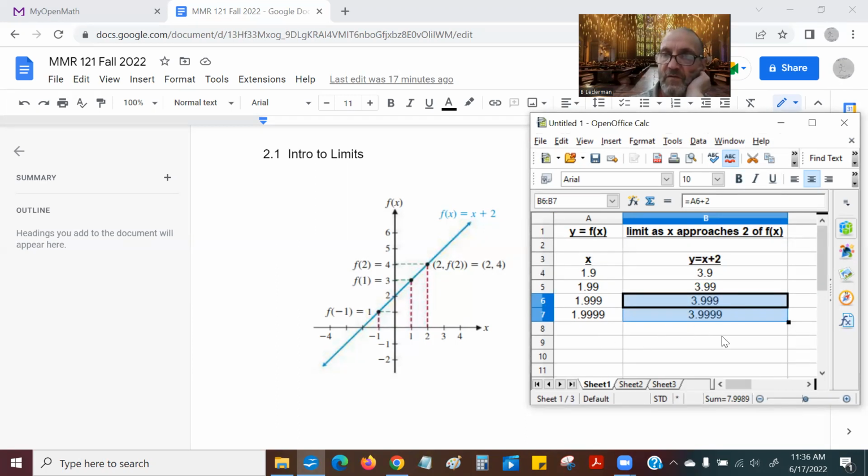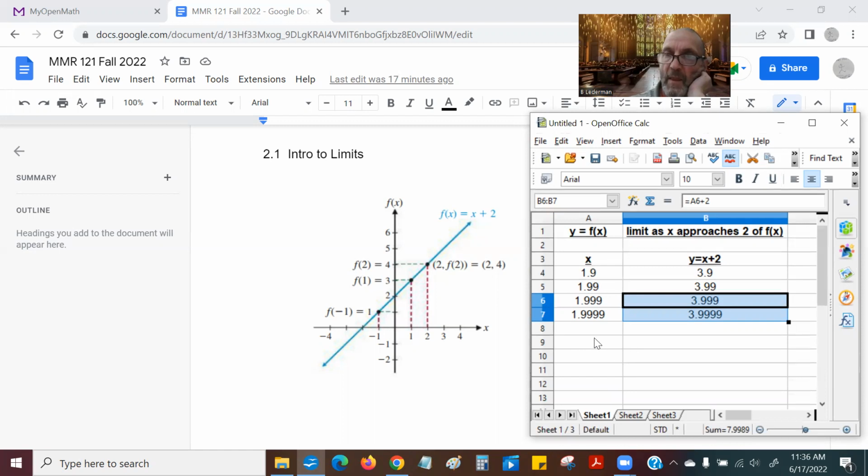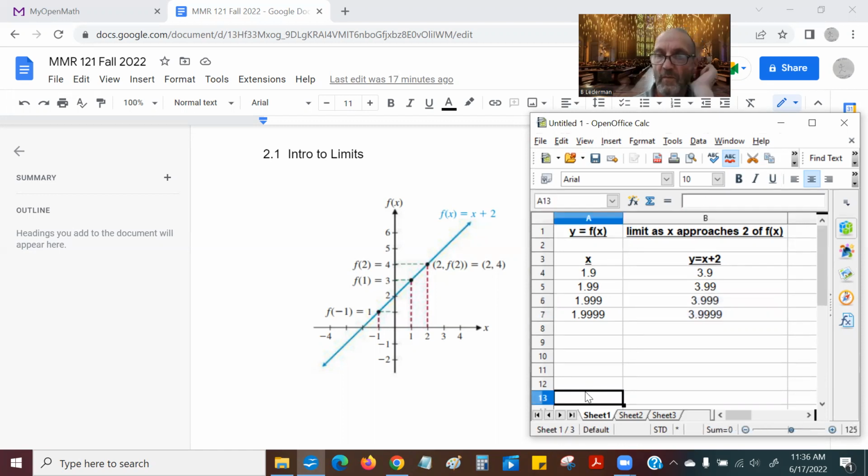Now let's look at this from the other end. Let's look at 2.1, 2.01, 2.001.